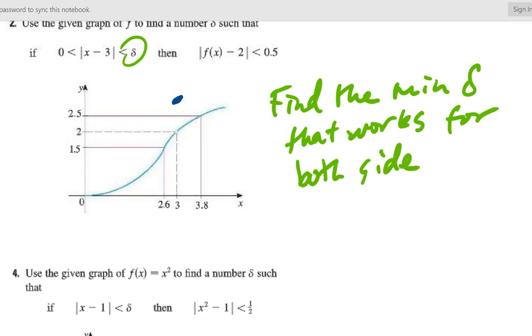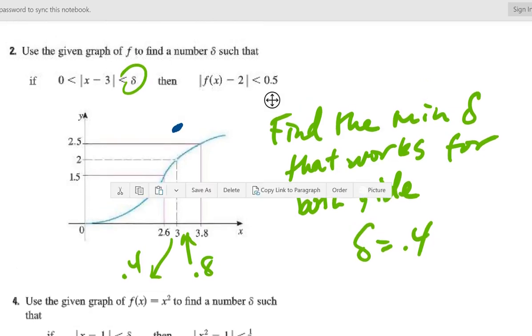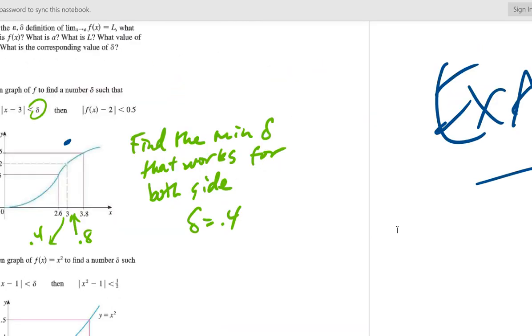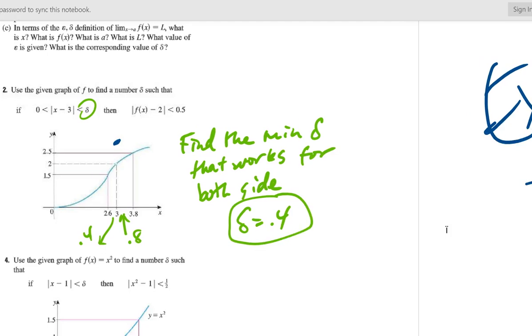Well, this is 0.8 over here, and in between here, this is 0.4. So it looks like delta has to be 0.4. There you have it. So the delta has to be 0.4.